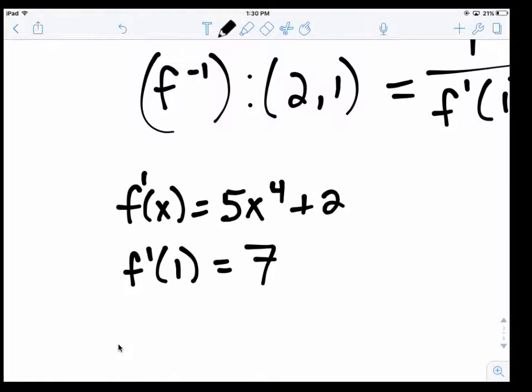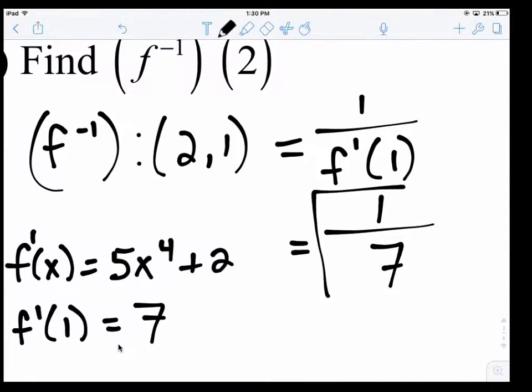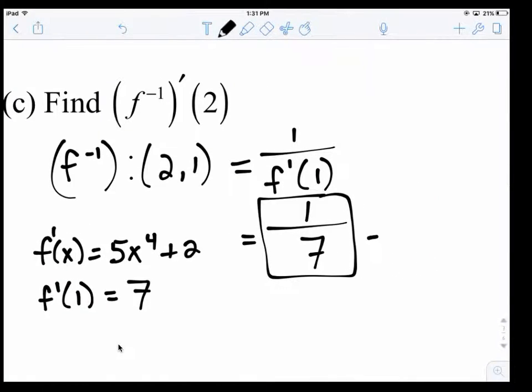Then the slope of my inverse at 2 is just the reciprocal of that. So it's just 1 over 7. So that is the slope of the inverse at 2.